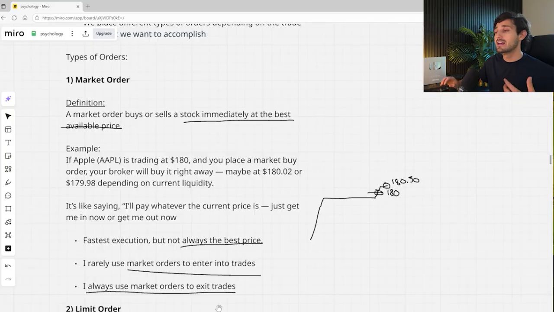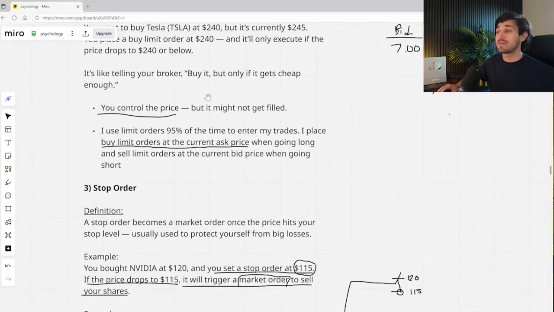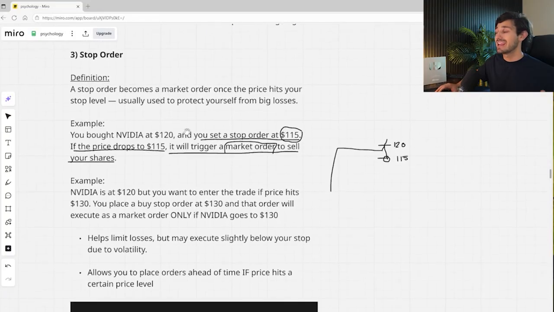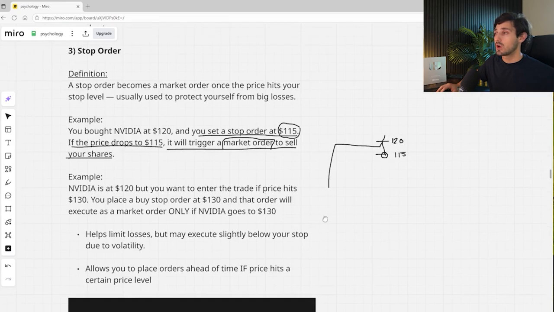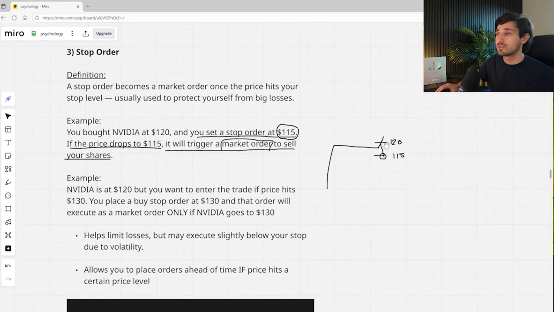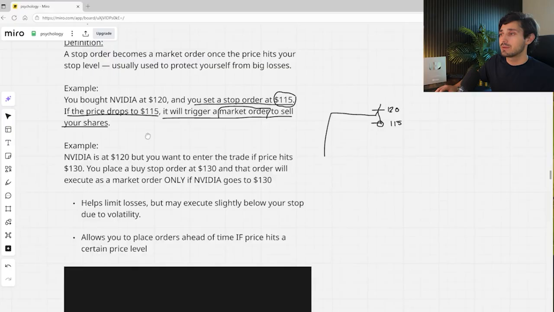If it's an illiquid stock, or if there's a lot of spread, or if it's a really fast moving stock, it might not fill you at the exact price where you placed your order, okay? So if you place a stop order at 115 and it triggers, it might not actually fill you at 115. It will fill you at whatever the best available price is when the order executes, which could be 114.90, it could be 114.60, it could be 115.10, right? It completely depends, okay?